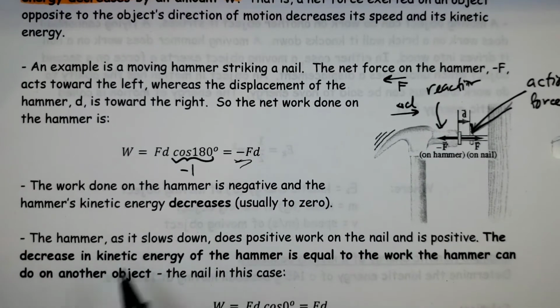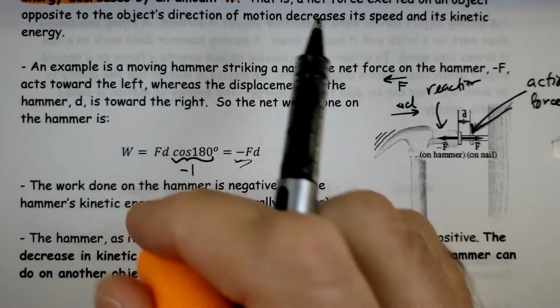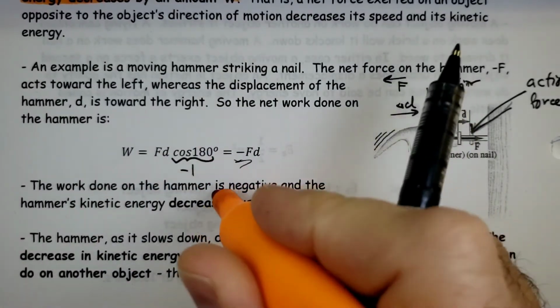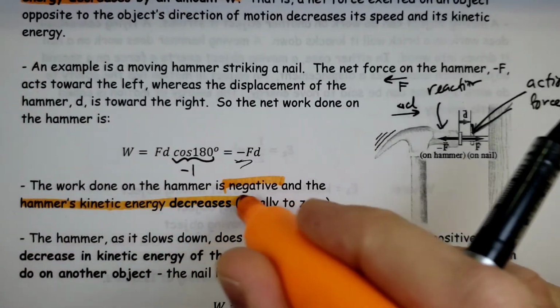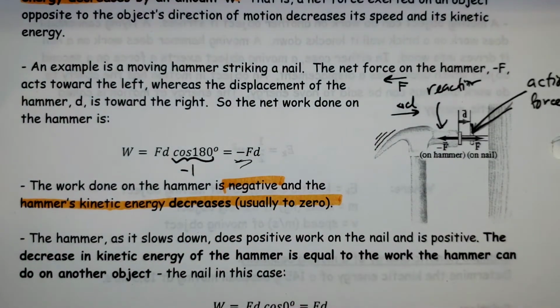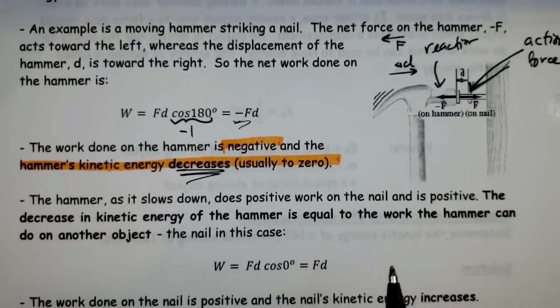The work done is causing a decrease in energy. So the work done on the hammer is negative, which results in the hammer's energy of movement decreasing. If it was positive, it would be increasing.